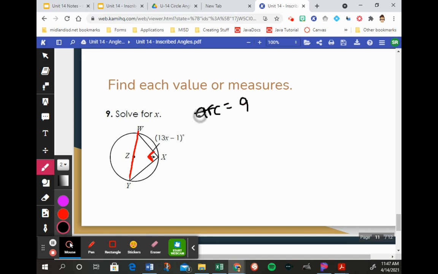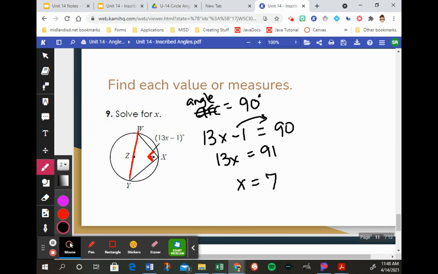The angle equals 90 degrees. So 13x minus 1 equals 90. Add 1 so you move it over. 13x equals 91. X equals 7. Is that right? Yes. And check the answer key. Okay. Let's try another one.